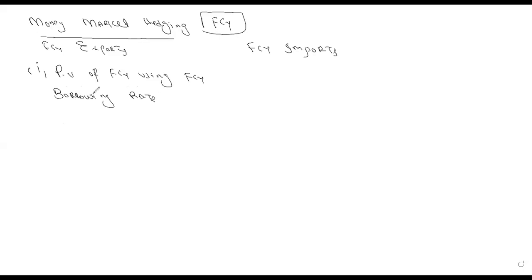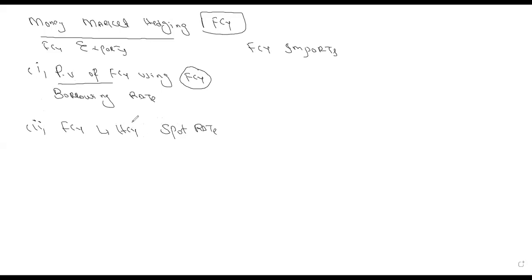Now, as this is still your foreign currency, you are just computing the present value of that. So in the second step, you will convert your foreign currency into home currency. And for this conversion, you will use the spot rate given in the question.